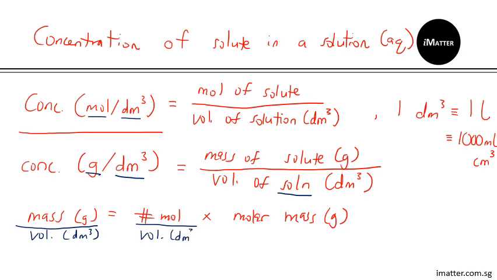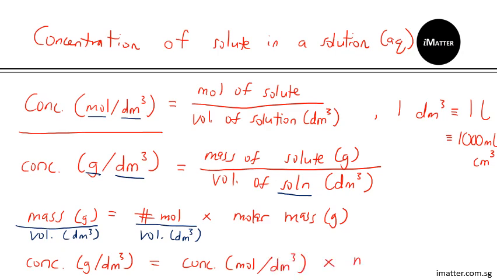What do you see now? You notice that I can derive a third formula, concentration in grams per dm cube equals to concentration in moles per dm cube multiplied by molar mass of your solute.